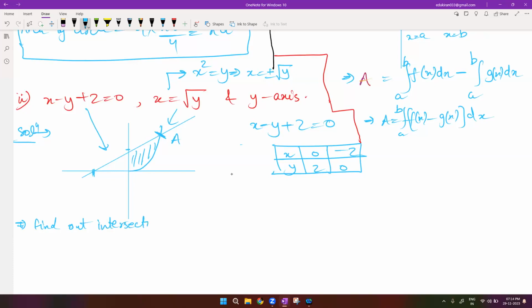Always, when there are two curves, you need to find the intersection point between them, whether they are intersecting or not. This is also an important question. You will learn this, but because this is only the first question, always remember: find the intersection point between the curves, if it exists.